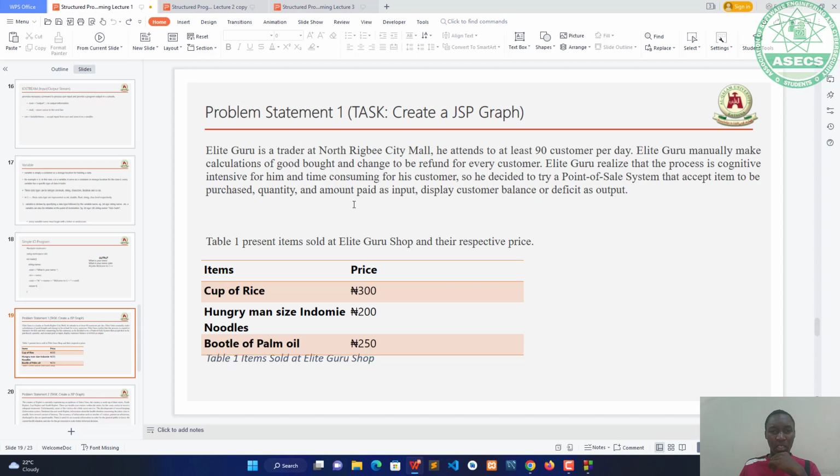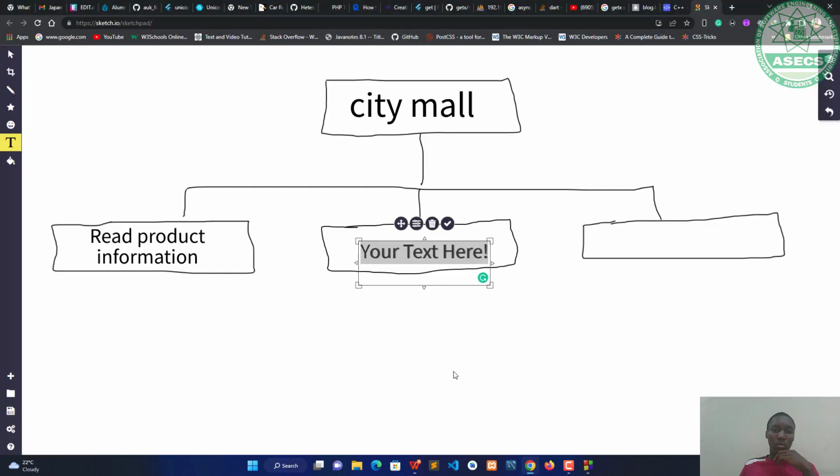An amount paid as input. Display customer balance or deficit. So we have to make some calculations. Here it is. Elite group manually make calculations of good bought. Mhm. Calculate net price. So this can be what? Calculate net price.